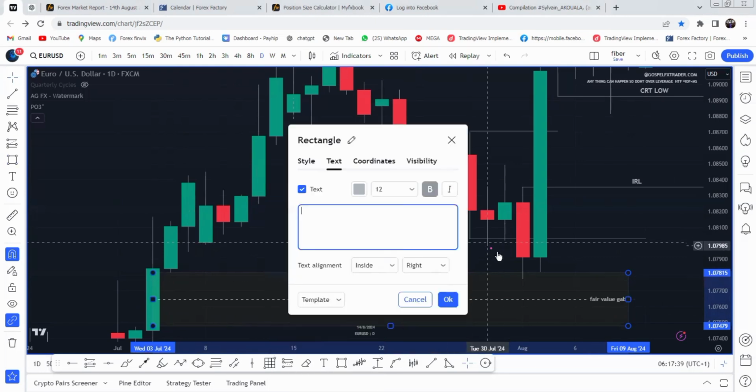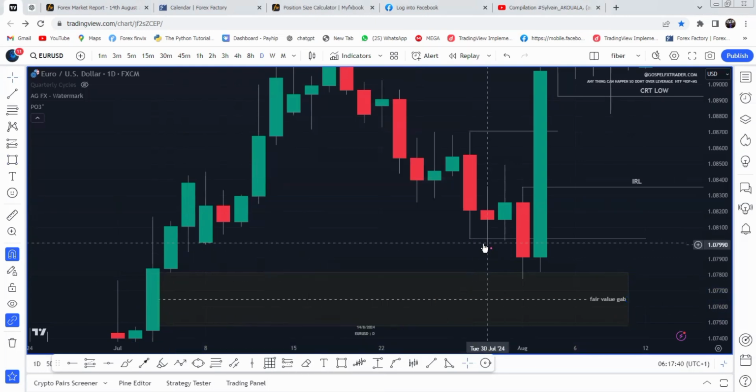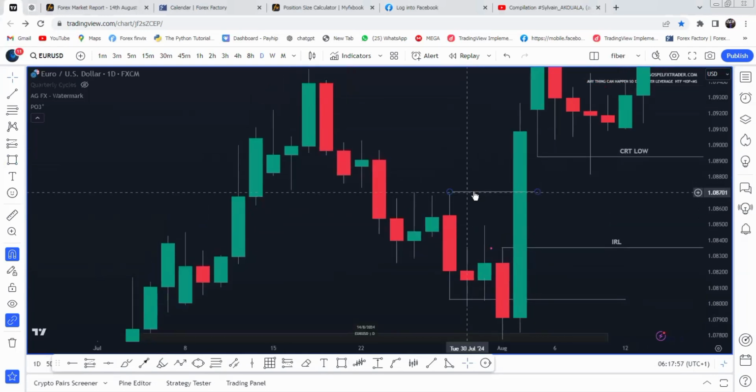So this was not supposed to be a valid turtle soup of the CRT. This candle here was a valid turtle soup of the CRT. So the moment price took out the CRT, the next day we were looking for price, knowing that it's almost guaranteed to take this high and more.